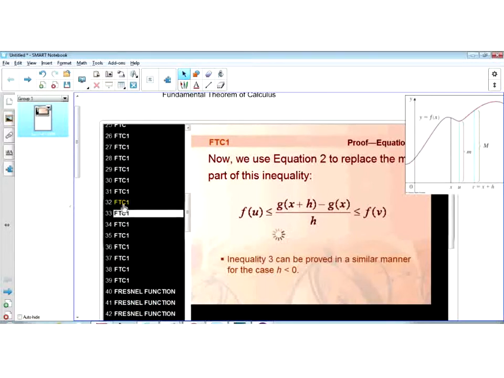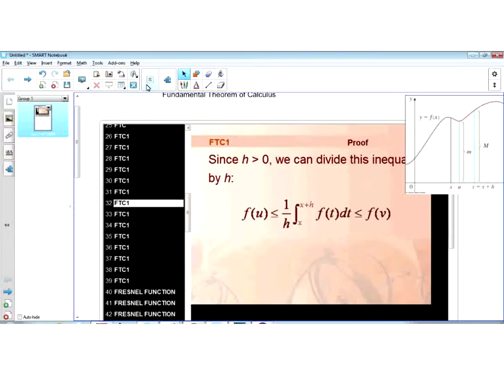And so we can replace this expression right here. We know that this is simply g of x plus h minus g of x. Okay, we know that from previous development.